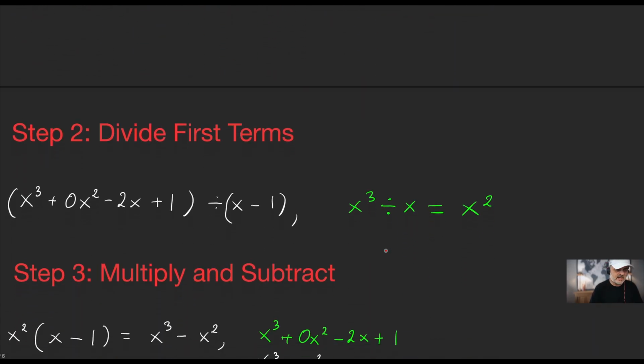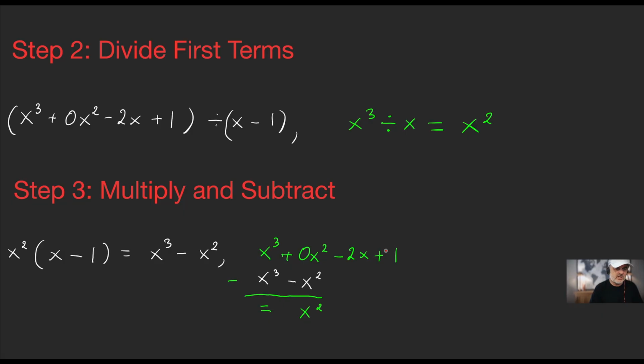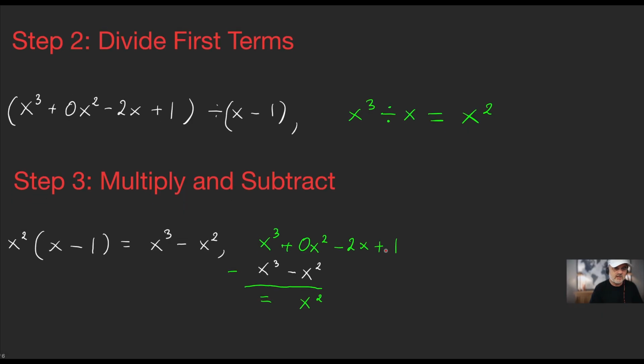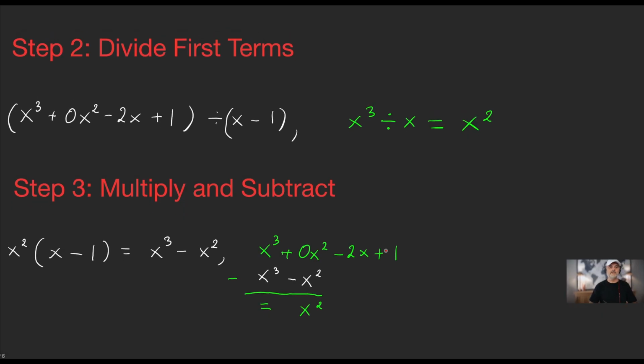So the next step, after you arrange, you have to divide the first term from the dividend by the first term from the divisor. So x cubed would be divided by x, because this is the polynomial x cubed plus 0x squared minus 2x plus 1 divided by this divisor, x minus 1. So the first is divided by first.